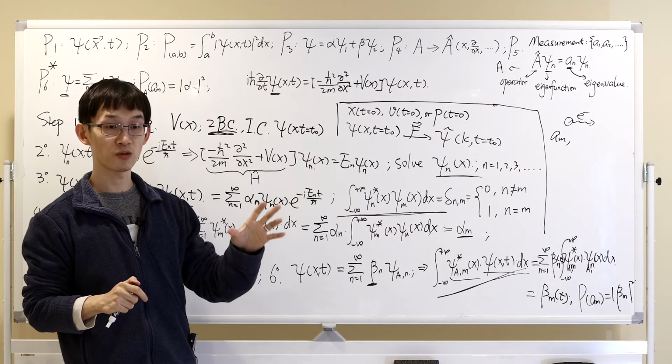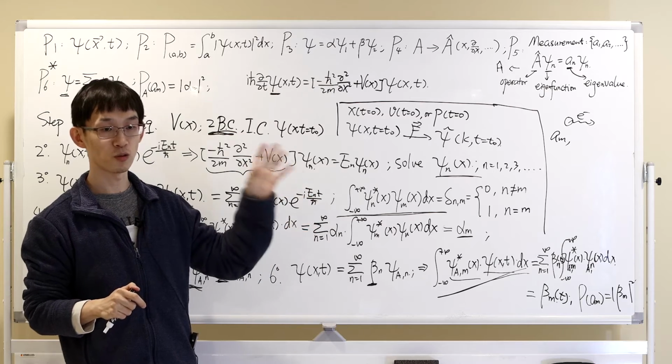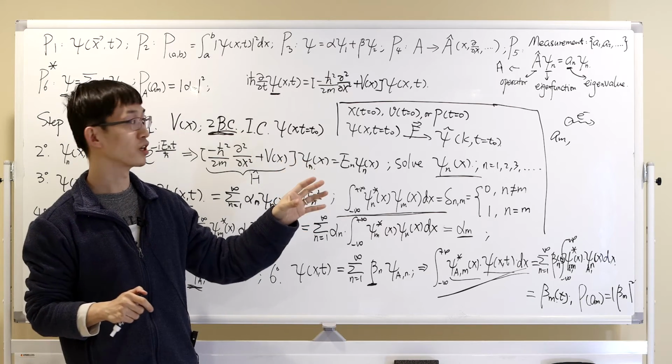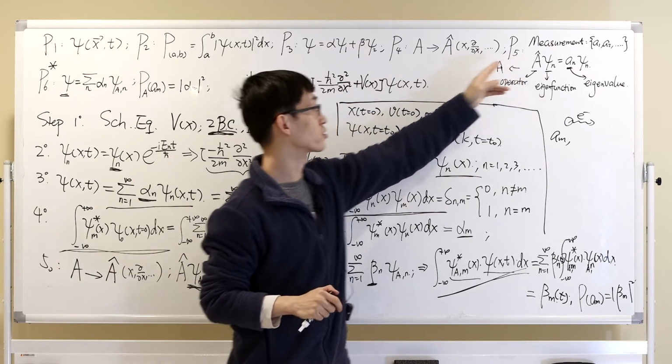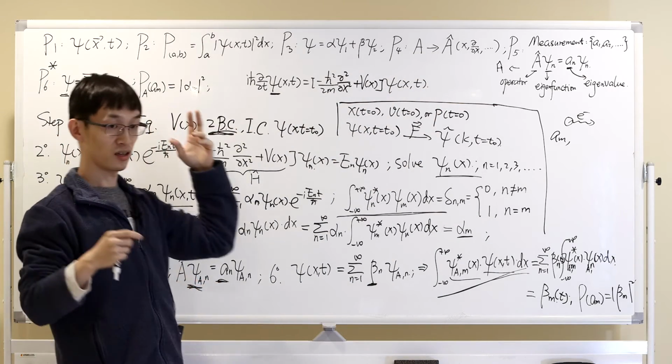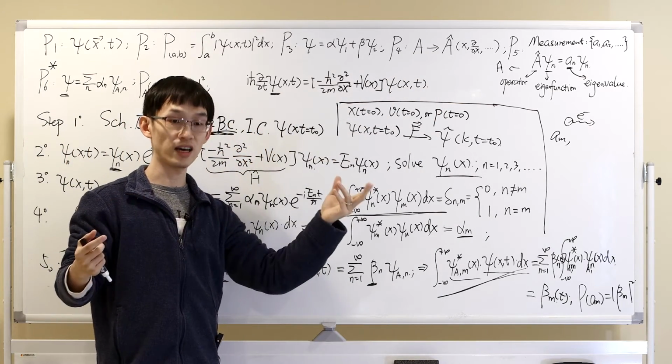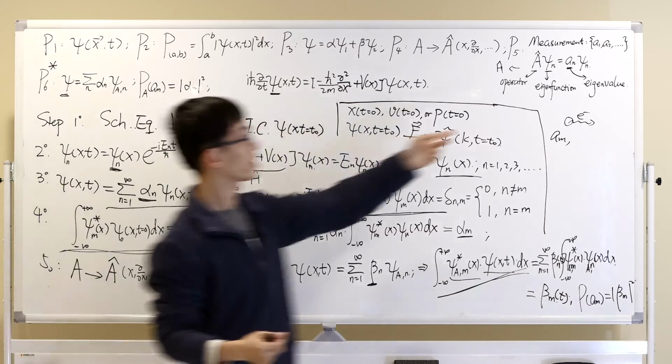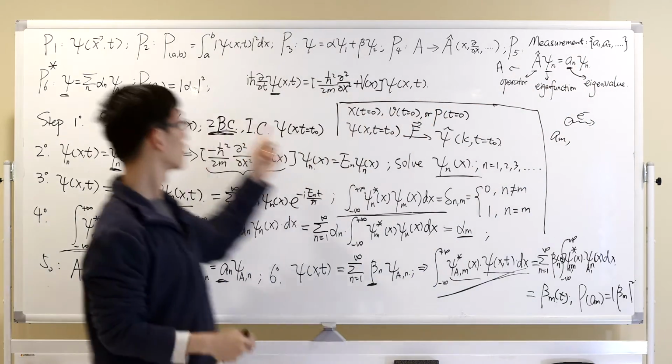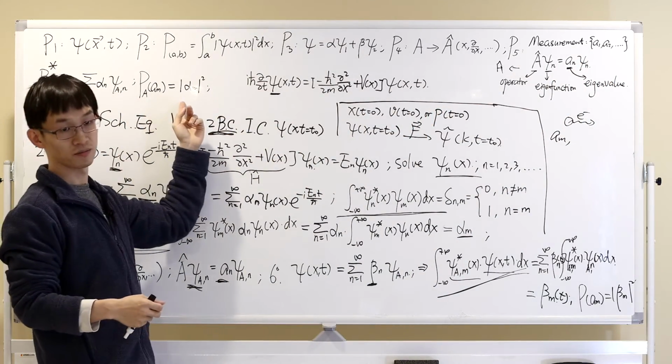You will still get a probability result, right? Because if your wave function hasn't changed, then we know that postulate 5 and postulate 6 are still valid, so you can still get all other possible results with the probability given by alpha.